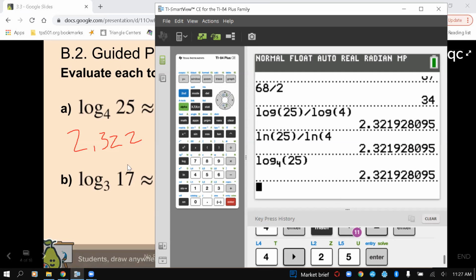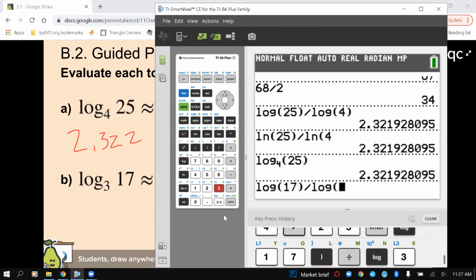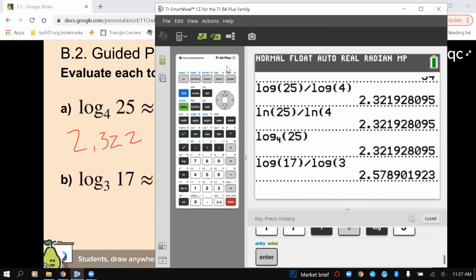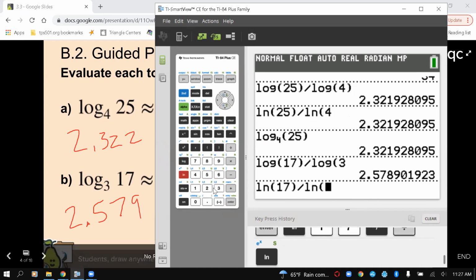So for B, again, you could do log of 17 divided by log of 3 to get the answer 2.579. Or you would get the same answer if you did the natural log of 17 divided by the natural log of 3.